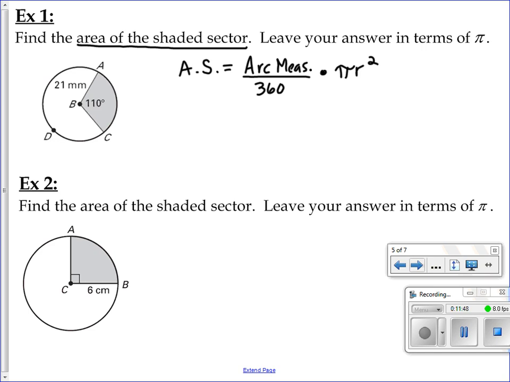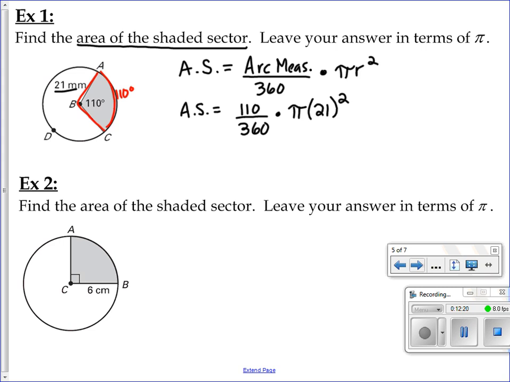I'm looking at my slice here, sector ABC. The measure of the arc is going to be the same as the central angle, it's 110. So I'm going to plug in 110 over 360. And now we just need the radius of the circle, which is given to us. It's 21 millimeters. So times that by pi, 21 squared.